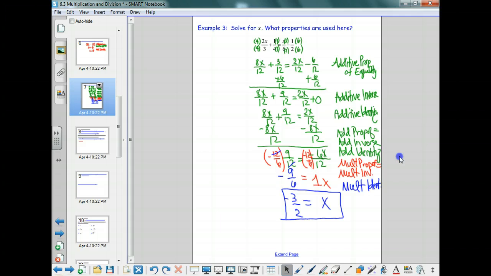Right? So make sure that you're including all those steps of all those properties that are happening. They're all happening here, whether you write them down precisely word by word or not, they're all there. So all those properties need to be listed as being there. Okay, that's multiplication.